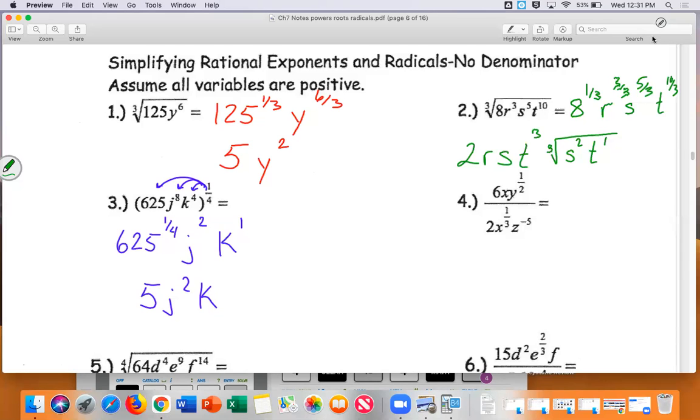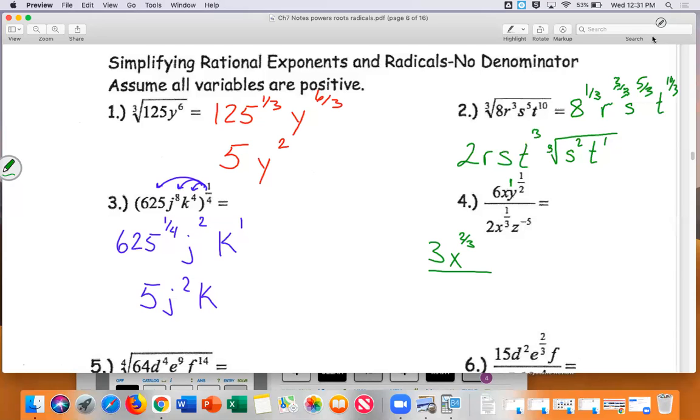First thing, 6 divided by 2, 3. Now, I have to figure out, what do I do when I divide powers? Julia, do you remember? We subtract. So the exponent of x is 1. So I have 1 minus 1/3, 2/3. And since it's positive, it's up top.